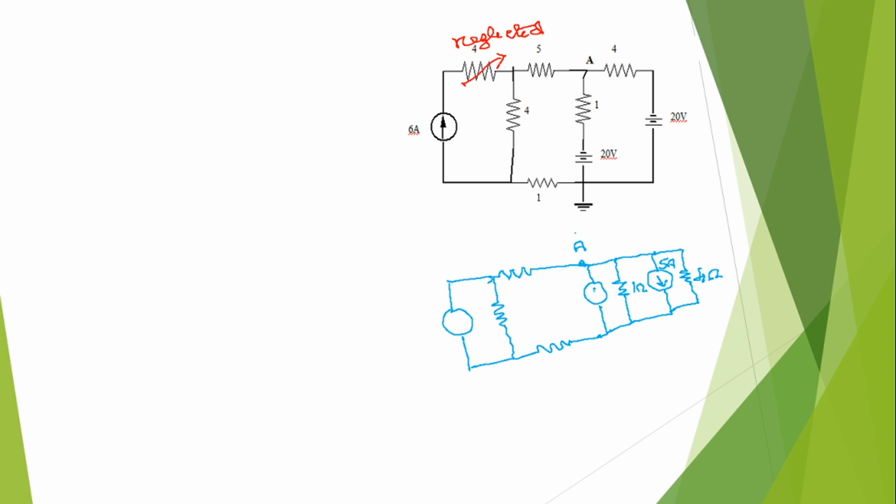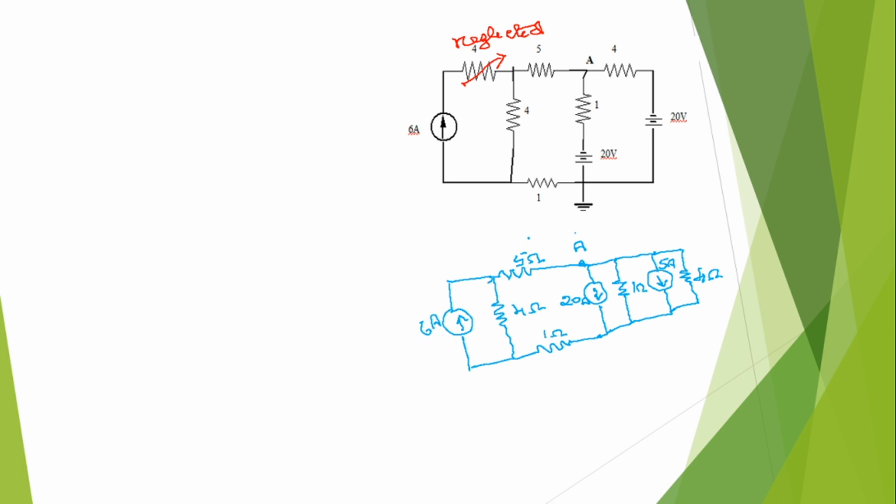So the direction is downward and the value is 20 amps. So all other things remain the same. One ohm and this remains same as 6 amps.